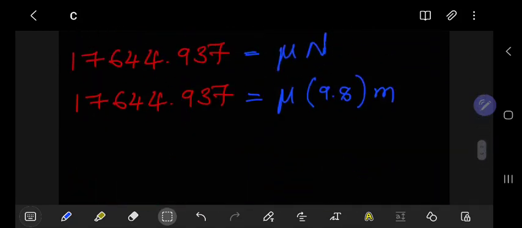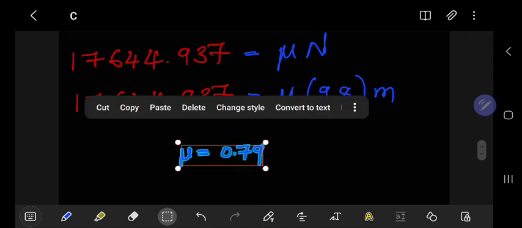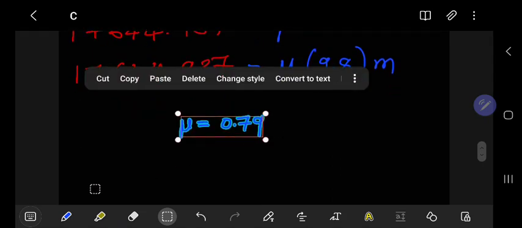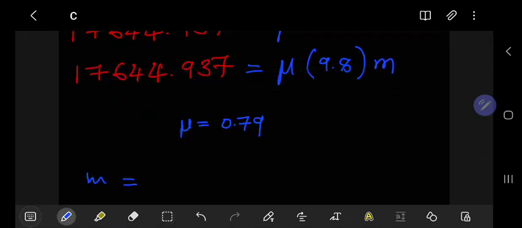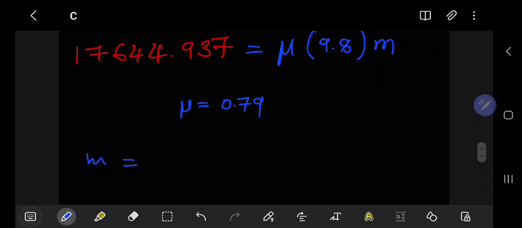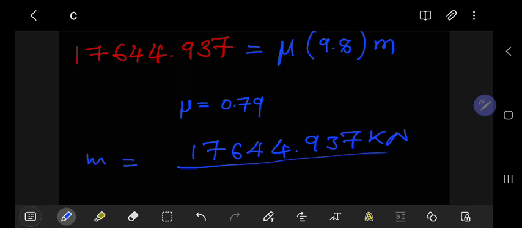So let's wrap this one up. The coefficient is this. We plug it there, make m the subject. You'll see that the mass of the load and the car altogether will have to be equal to 17,644.937. Don't forget this is in kilonewtons, but we're dividing this by 9.8 by the coefficient 0.79.